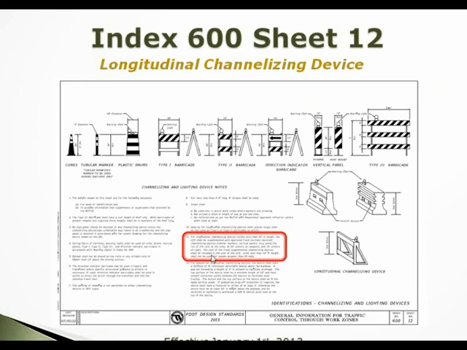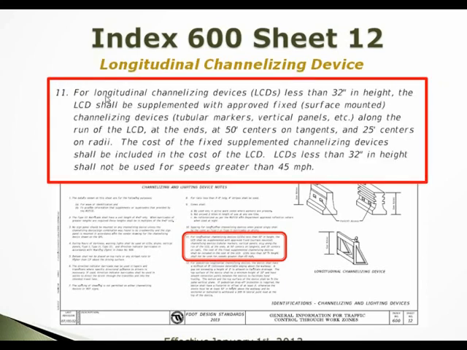The note for number 11, which is the vehicle LCD, says that you can use lower than the 32 inch, but you do have to supplement it with the tubular markers similar to Index 412, where you put some kind of tubular markers with the reflective sheetings.